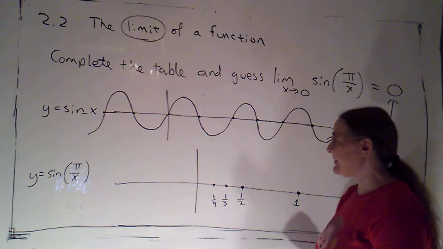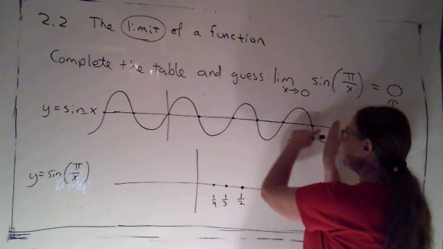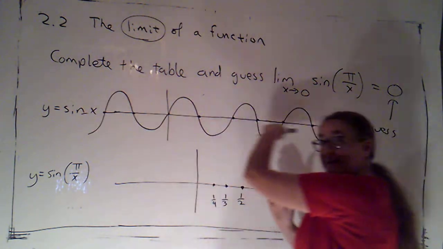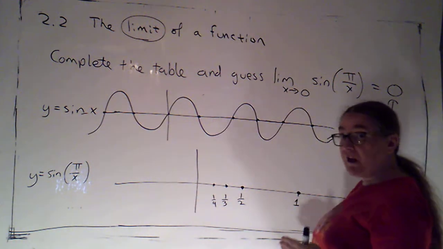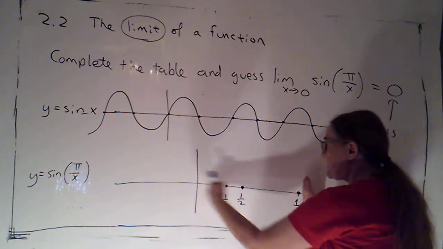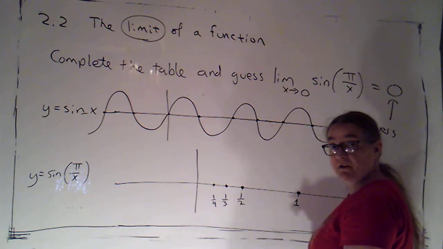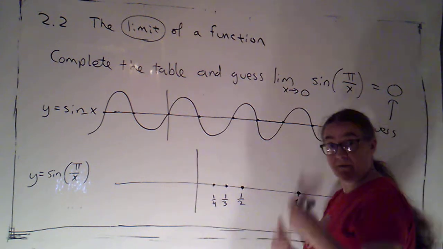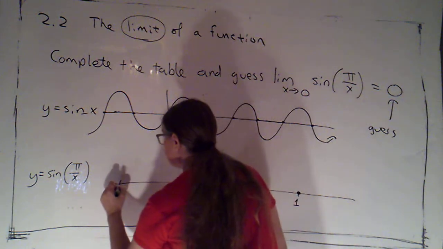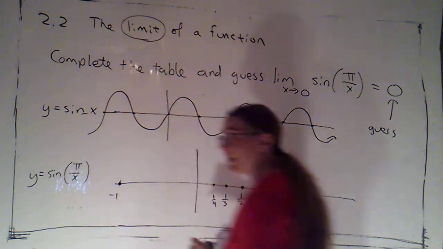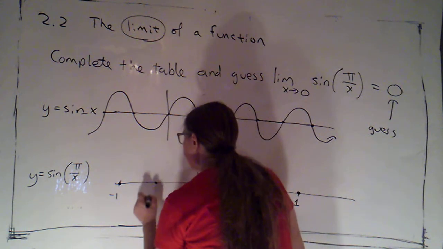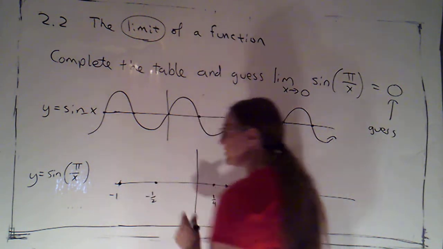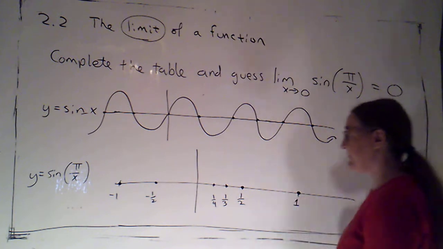What's happening is the zeros, instead of being evenly spaced the way they are on the graph of sine, are all sort of squished in this smaller interval. Now I'm going to have a similar thing on the negative side of the axis. So at -1, we'll have a 0. At -1/2, which is the reciprocal of the integer -2, we'll have a 0.